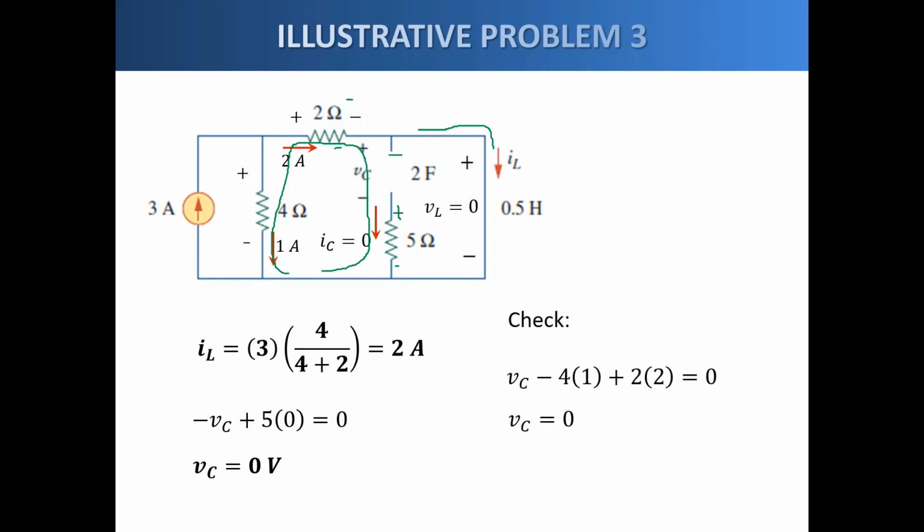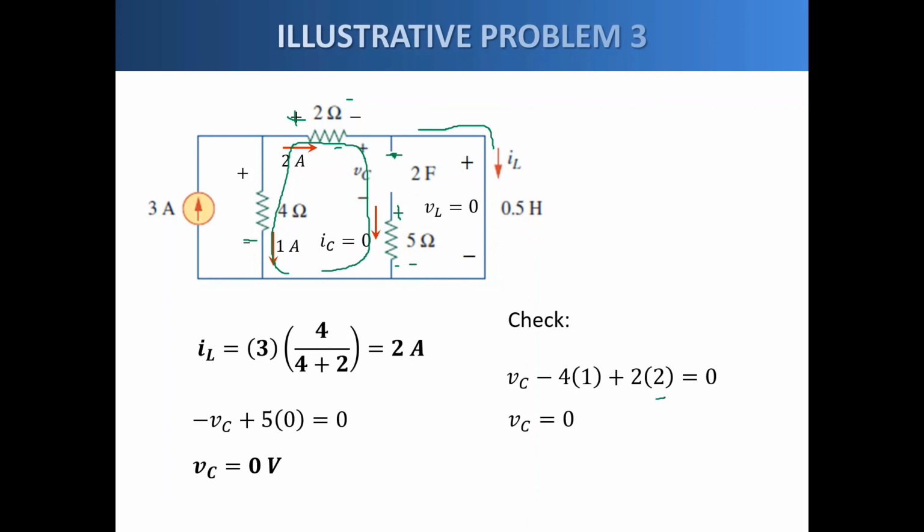So starting here, we have plus V_C. We didn't include anymore the voltage drop across the 5 ohms because the current there is 0. Minus 4 times the current, 1 ampere, and then plus 2 times the current, which is also 2 amperes.